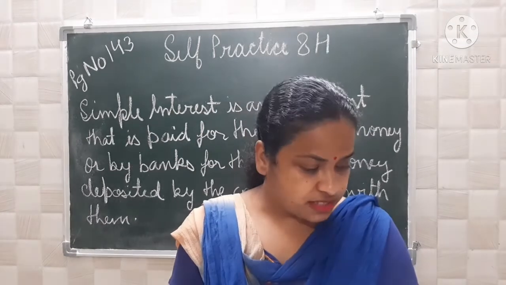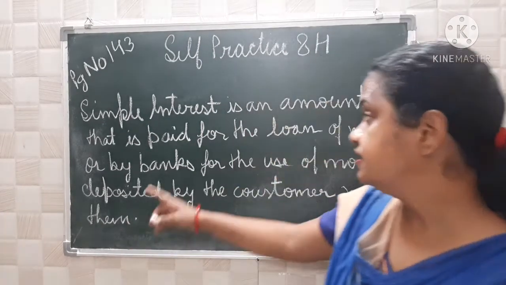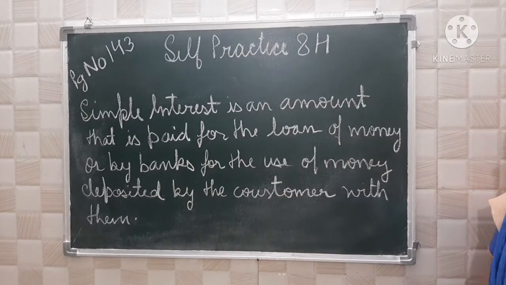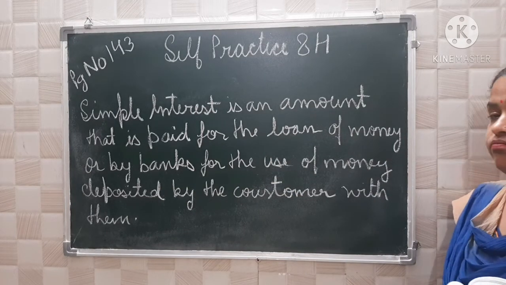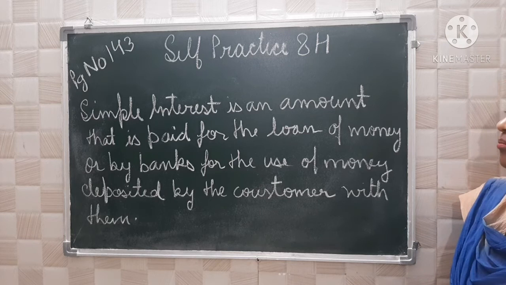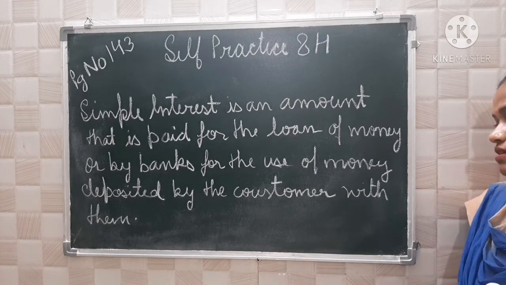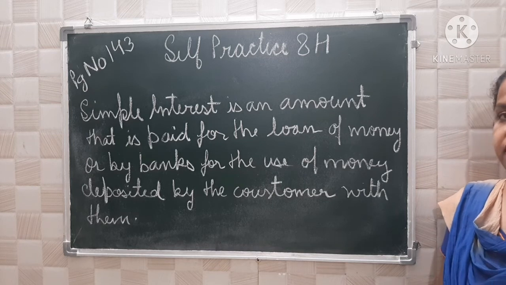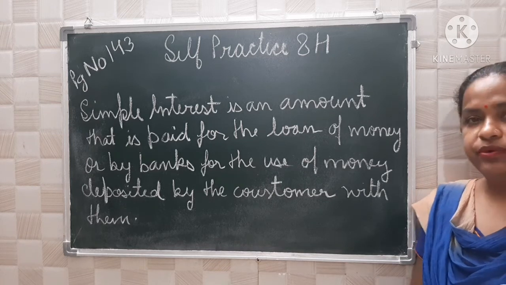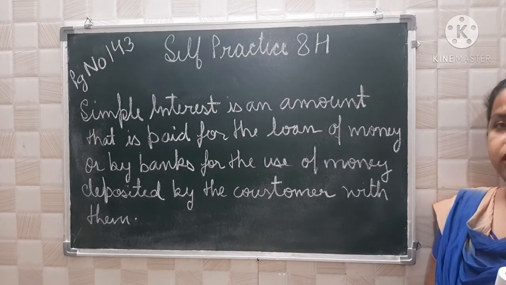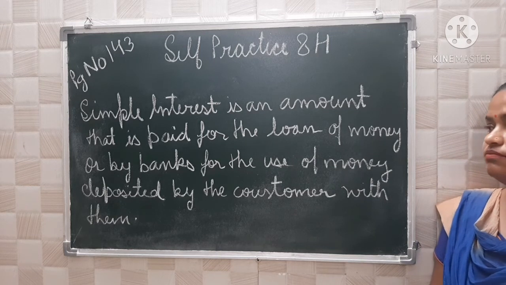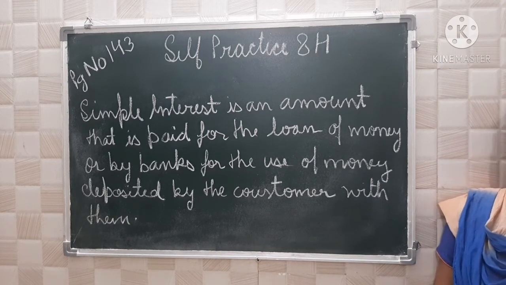First of all, what is simple interest? Interest is an amount that is paid for the loan of money, or by banks for the use of money deposited by the customer with them. When you deposit money or take a loan, there is some interest which you pay later on.